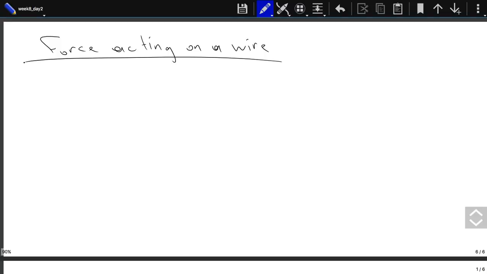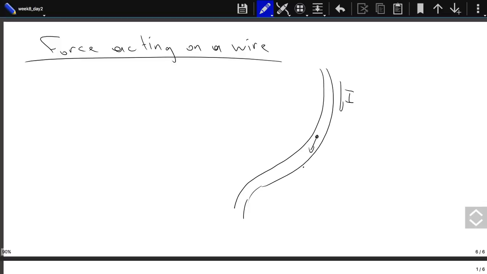Now we know the forces acting on charges. So let's assume we have a wire of an arbitrary shape. It doesn't have to be straight. It is carrying a current I. So here there will be charges moving.